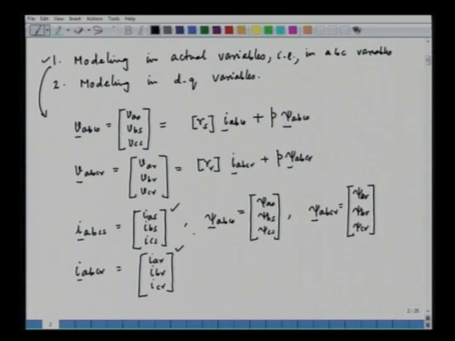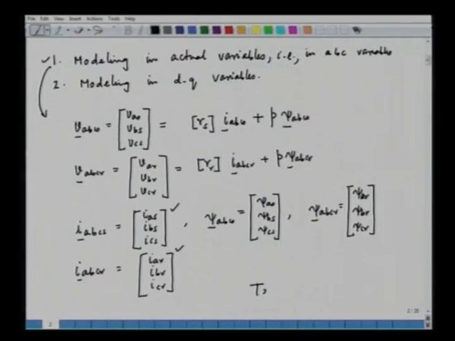So, we can solve these equations. These are differential equations. We can solve the simultaneous 6 differential equations to find out the stator currents IAS, IBS, ICS, and the rotor currents IAR, IBR, and ICR.